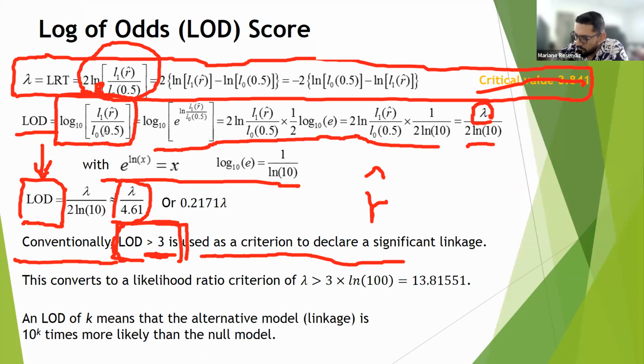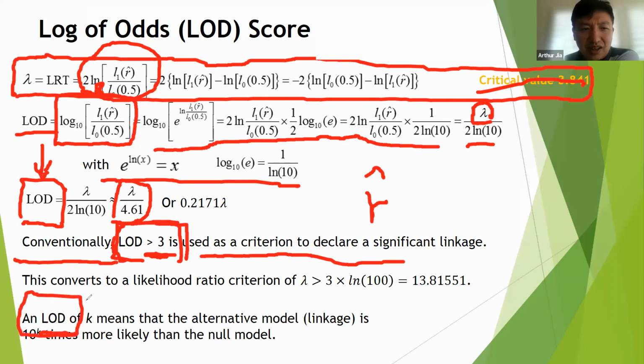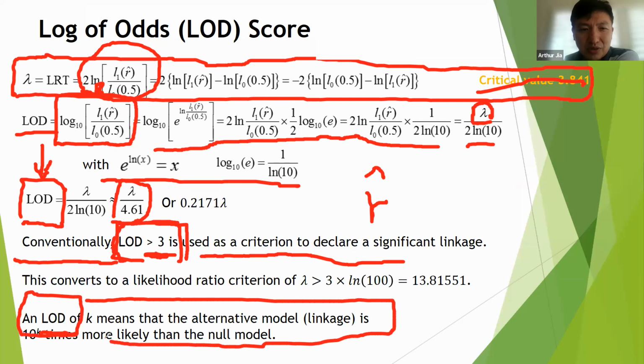Good question. In a lot of papers, or in the future when you use software to do the linkage test or even QTL mapping, you always see people use the lod score.